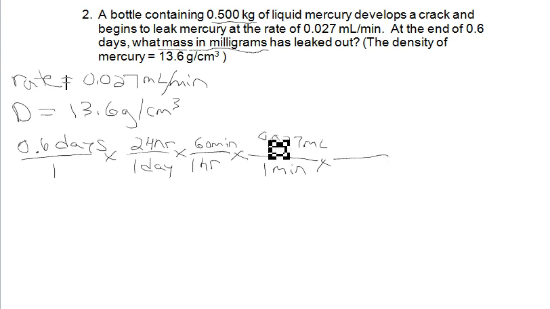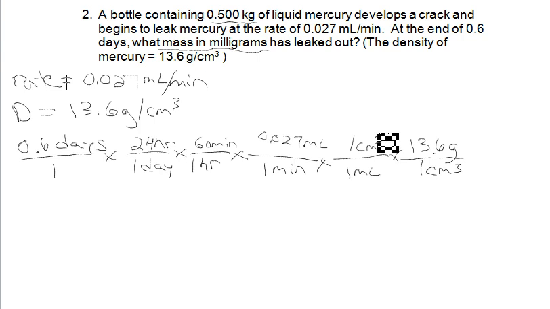And the density is in grams per cubic centimeters, and our volume here that we have now is milliliters. So we know that 1 milliliter is equal to 1 cubic centimeter. So we can change our volume now in cubic centimeters to mass, because for every 13.6 grams, it occupies 1 cubic centimeter.